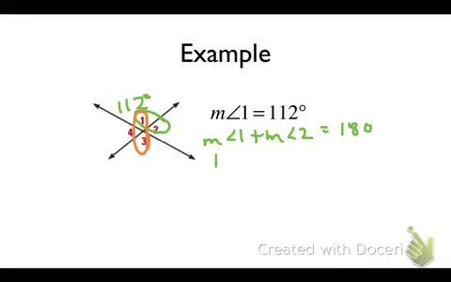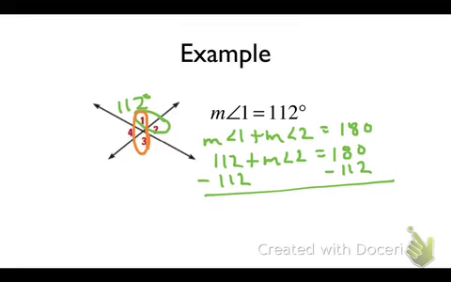So if we know that angle 1 is 112, then we can very quickly, oops, that's angle 2, let's fix that, angle 2, okay, must be, let's just get rid of the 112, so we can see that the measure of angle 2 must be 68 degrees. Okay, that's one way we can do it. We can put the 68 degrees here.